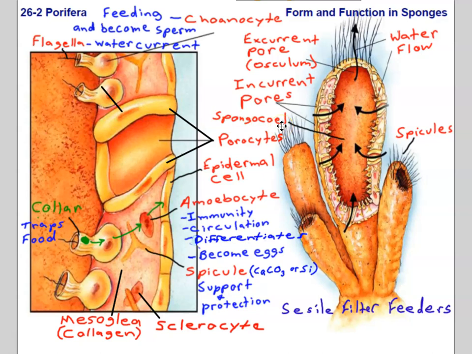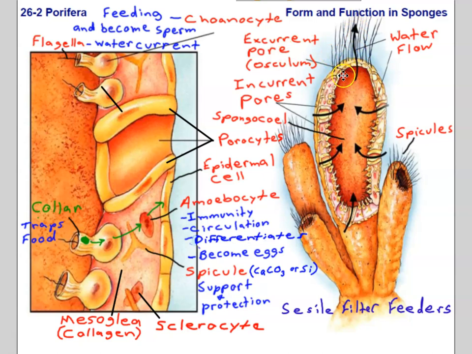Just like a coelom is that second body cavity other than the digestive cavity that we were looking at in embryonic development in Kingdom Animalia. So the spongocoel is simply the cavity inside the sponge, and then the water is pumped out the top of the sponge through an excurrent pore.